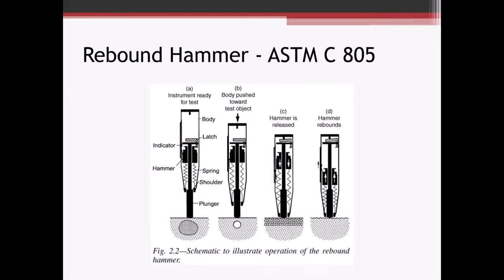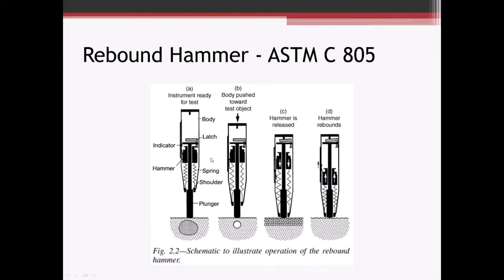So just understanding the theory, what's going on, and certainly the limitations. Again, if you want really good estimates of your compressive strength, you want to correlate these to cores. Otherwise, you're just getting a rebound number. A lot of manufacturers have estimated strengths that come with the hammers.